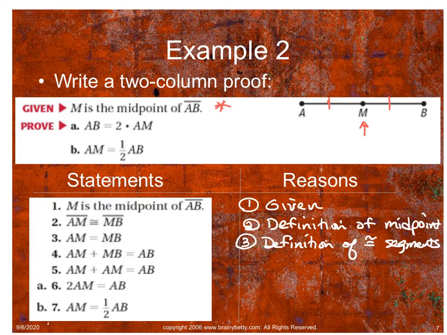Now what they're doing in step 4, they're trying to bring in the information about AB. And notice they're showing us that AM plus MB equals the whole thing, and this is our segment addition postulate.